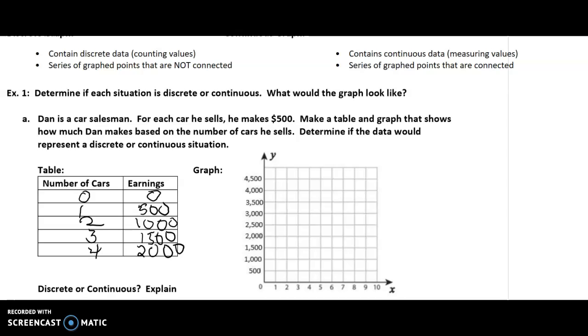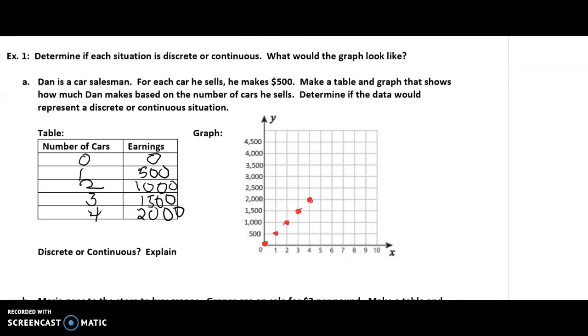So now let's move on to the graph of this table. We're going to let the x-axis represent the number of cars, and the y-axis is going to represent the money that Dan can earn. Using the table and plotting the points for each scenario, 0 cars, 0 money.